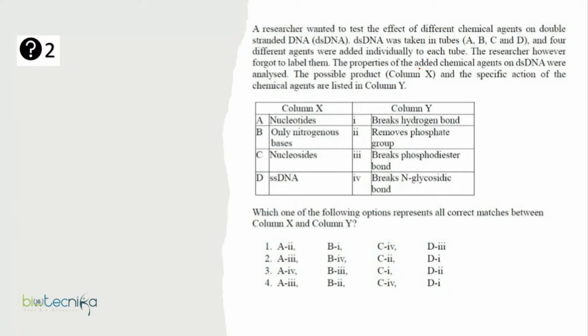The properties of the added chemical agents on double-stranded DNA were analyzed. The possible product given in X and the specific action of the chemical agents listed in Y is given, and you have to match the 2 columns. So just read the columns and see if you can match them. This is very simple.